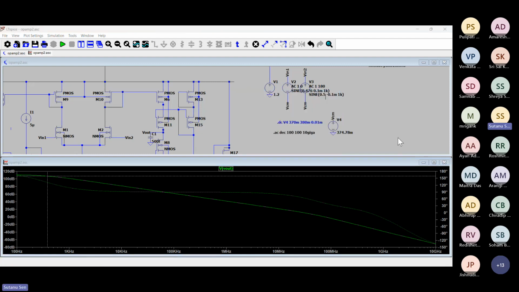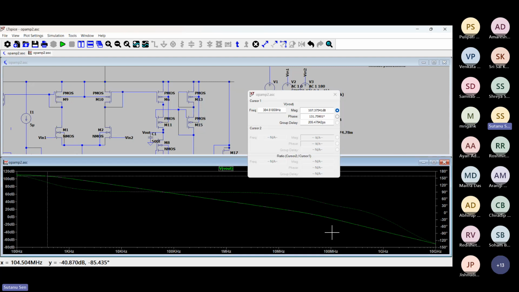It has gone quite low, sir. It is around 400 hertz now. Yes, that is expected because your gain is so high. So it is expected that the bandwidth will be poor.